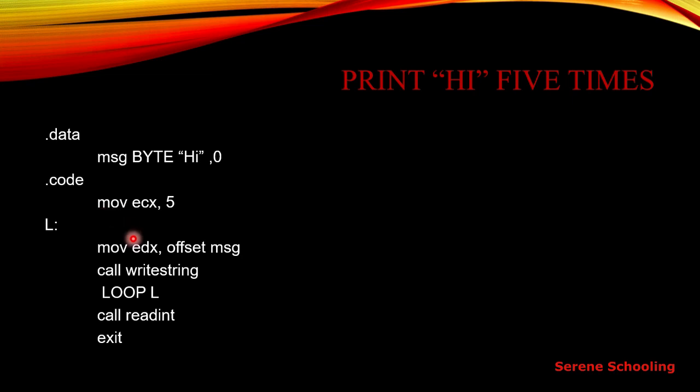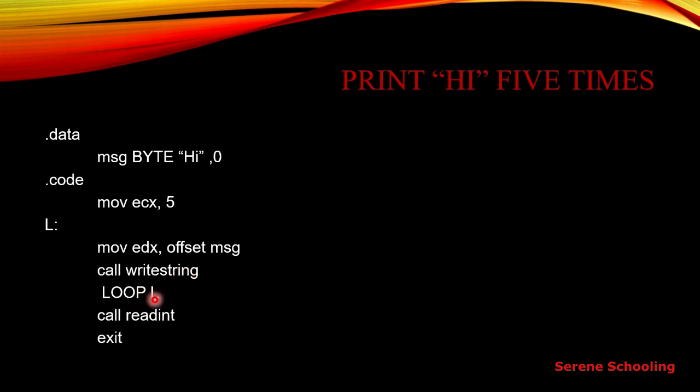Inside the loop, what I'm doing, I'm moving this message offset into the EDX. Why? Because we know already very well from the previous lectures that this is how we write any string on the screen. The offset of this string is moved into the EDX, and then by calling the write string procedure, it will be displayed on the screen only once.